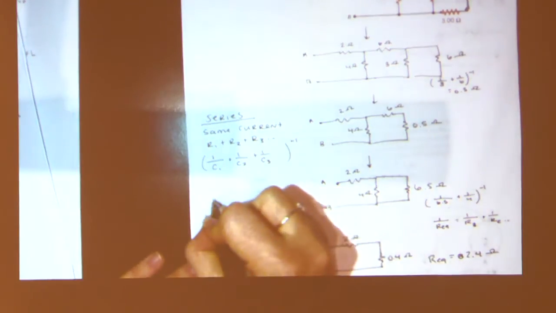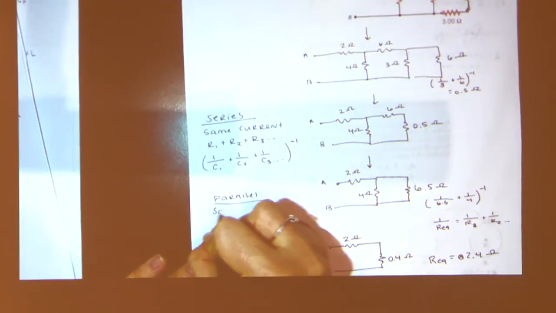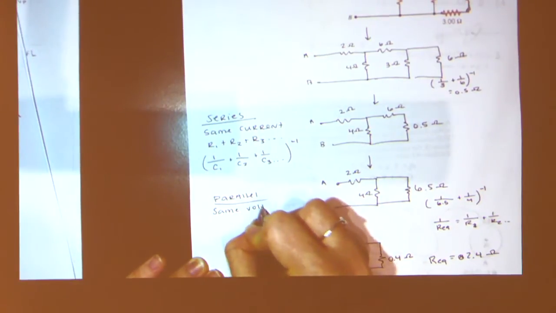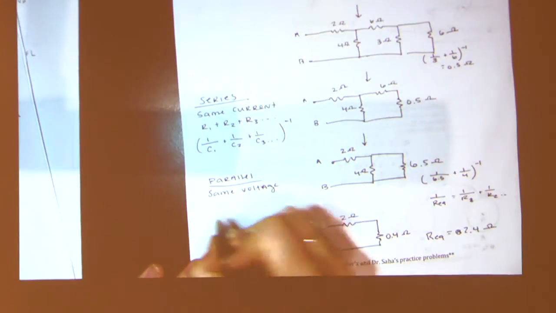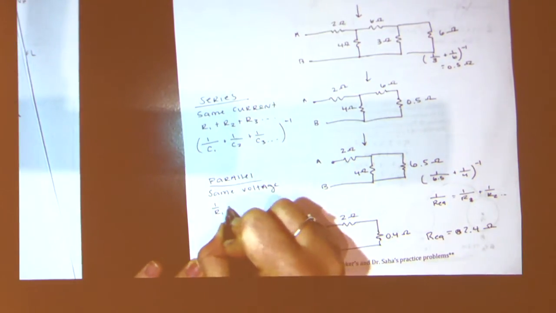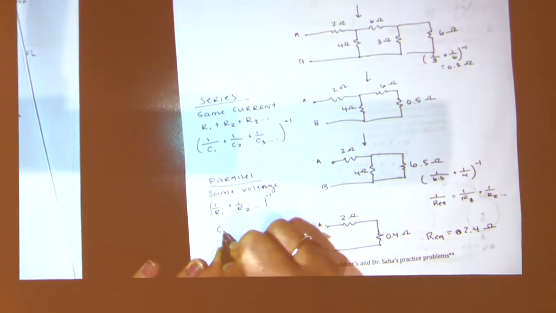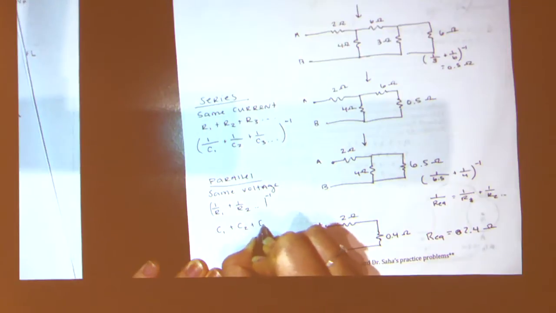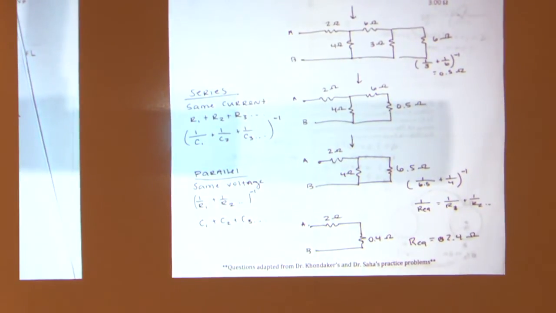And when we are in parallel, we have the same voltage across the elements, and it's just the opposite. We have 1 over R1 plus 1 over R2 and so on to the negative 1, and we can add capacitors by just adding. So don't forget about that. I know it was a while ago and you might not have used it for a while, but that's important.